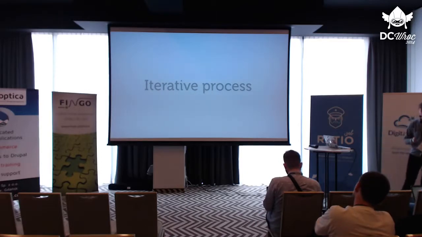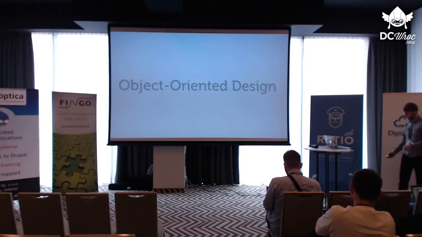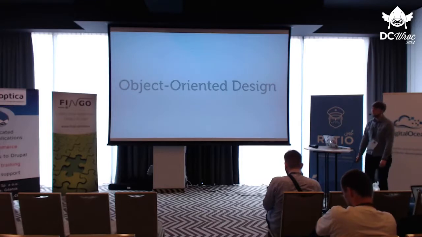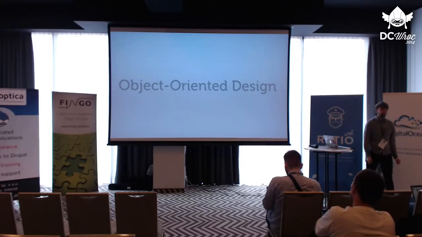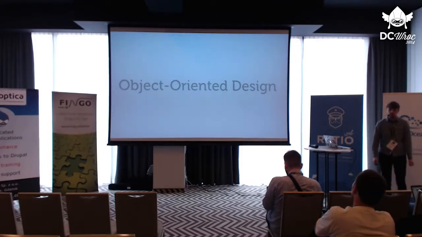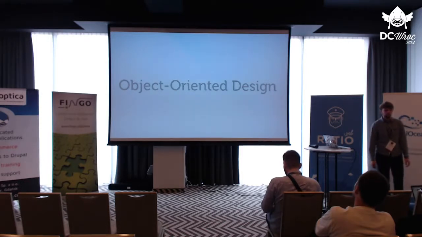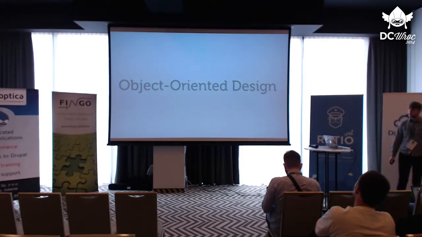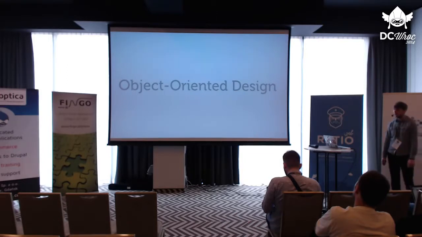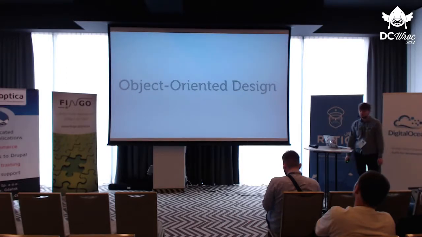So the iterative process is important. And the last thing, we have to have strong object-oriented design skills. This domain-driven design approach is really all about writing really good OOD software. So that's one of the prerequisites for DDD.